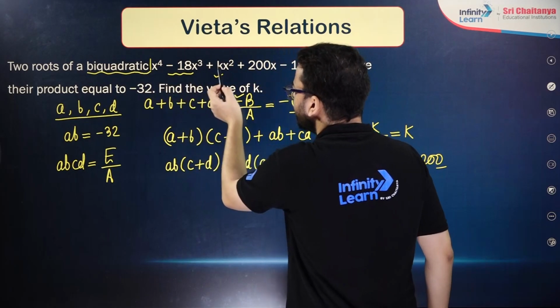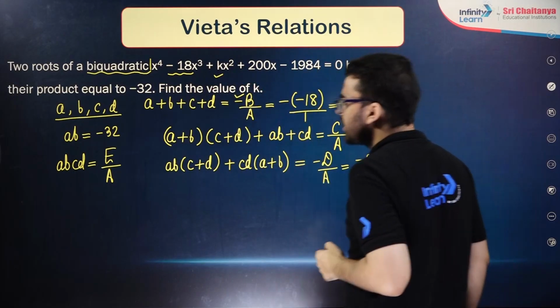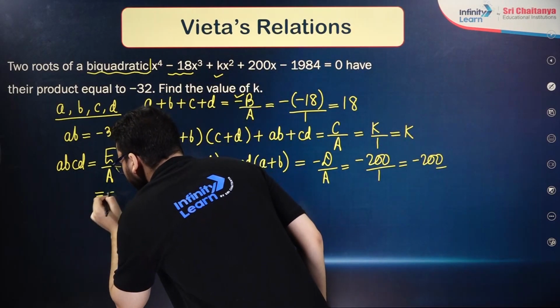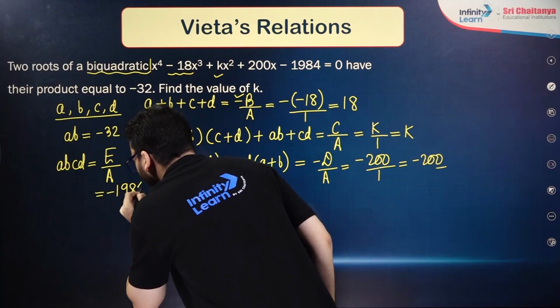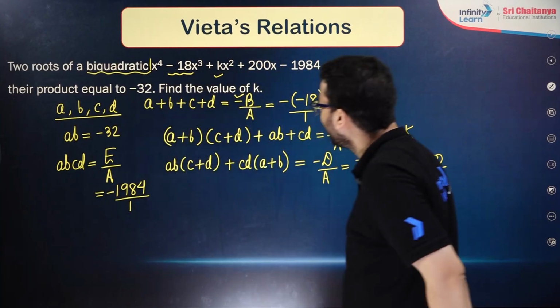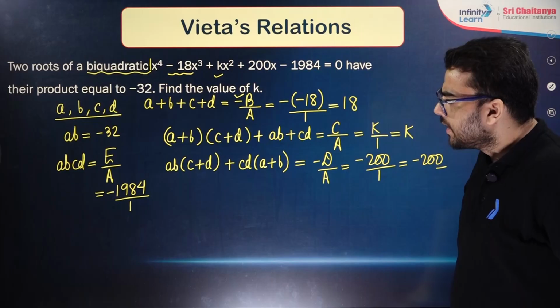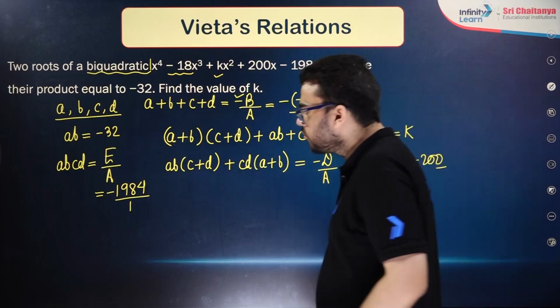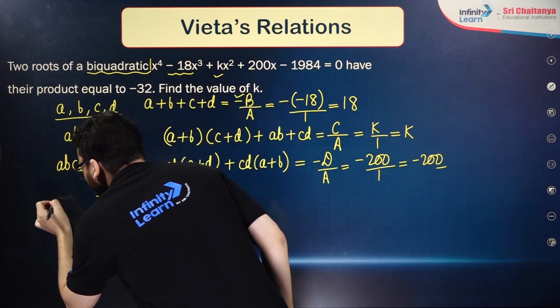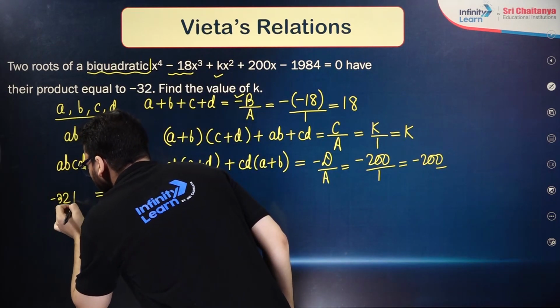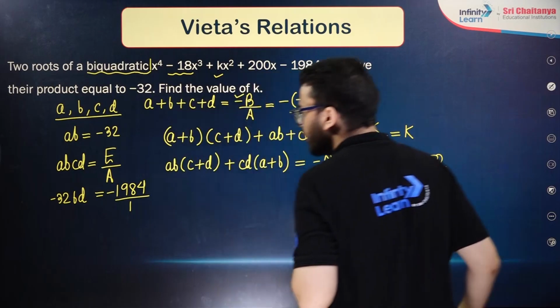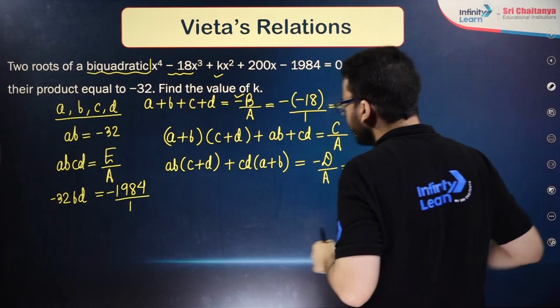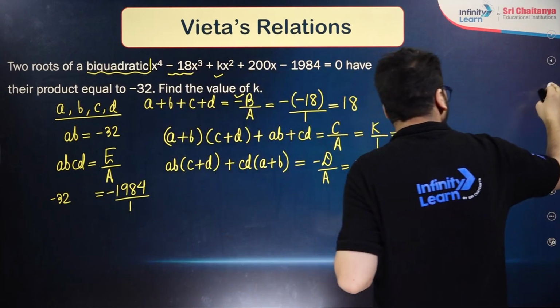So that is going to be minus 1984 upon A, which is 1. I hope that is clear. Now you see the product of 2 roots is already there, that is minus 32. So can I put ab equal to minus 32 over here, and then cd is there. Let me check it. Yep.